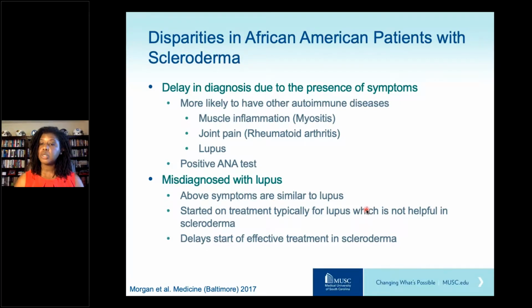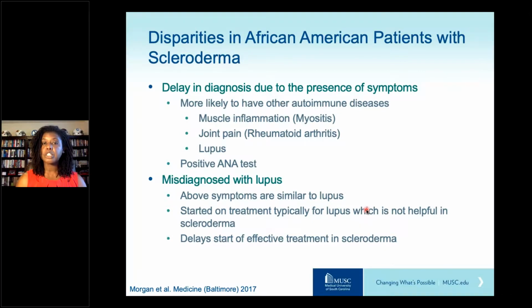So for instance, we talked about African American patients having high levels of CK or CPK, the muscle enzyme. And so African American patients are more likely to have myositis in addition to their scleroderma. Or they may also have rheumatoid arthritis in addition to their scleroderma, which manifests more as joint pain.